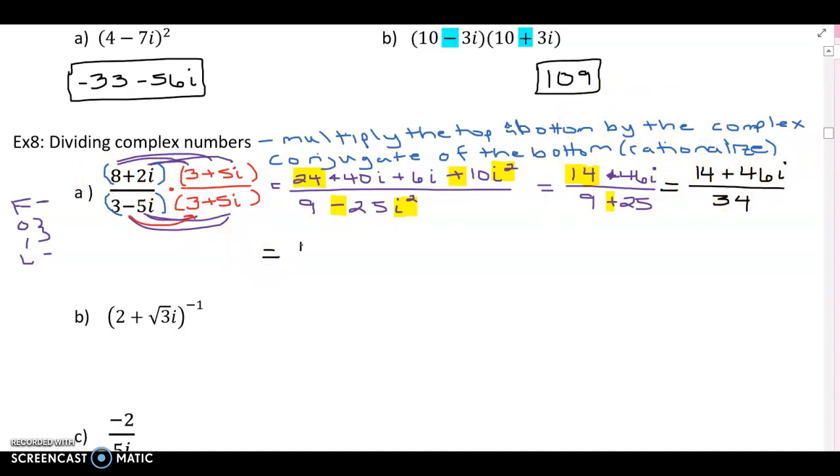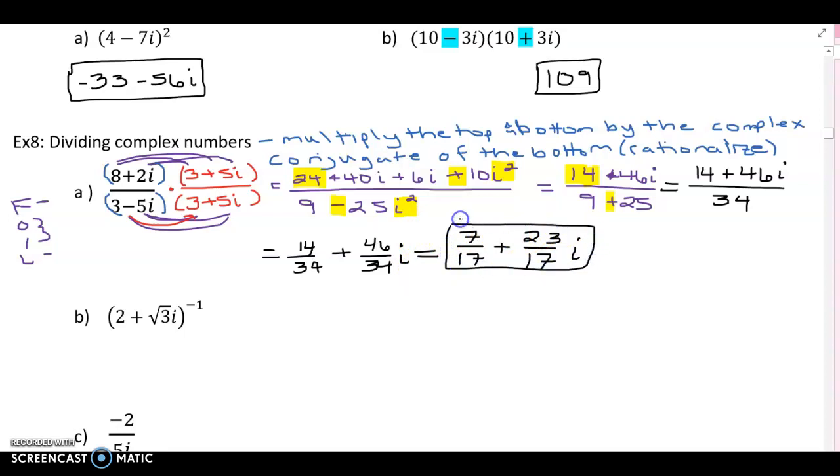So this is going to become 14 over 34 plus 46 over 34 with an i at the end, which reduces to 7 over 17 plus 23 over 17 with an i. So this is going to be your final answer for that first one.